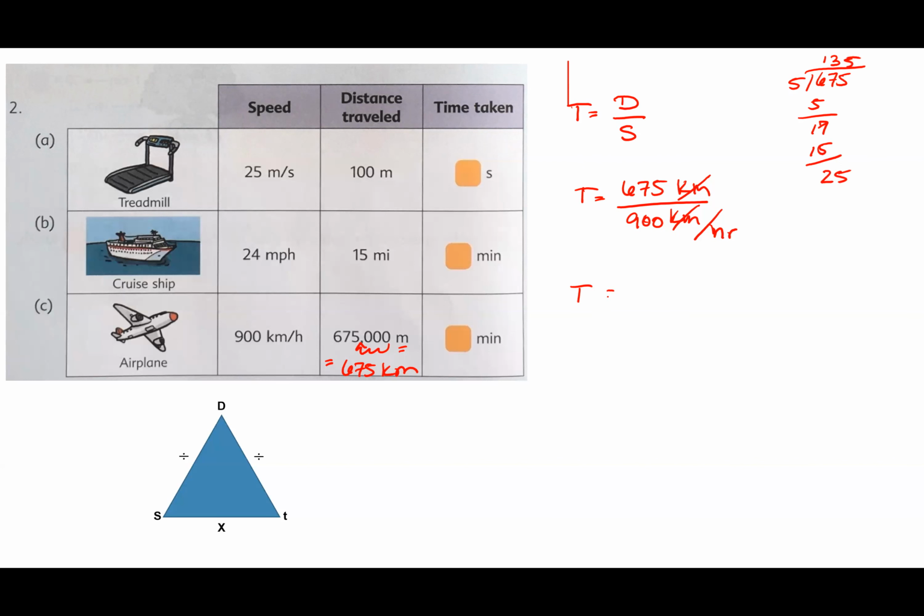Okay, so we've got 135. And then if we divide 900 by 5, well, what's 90 divided by 5? Yes, Mateo. So it'd be 180, wouldn't it?